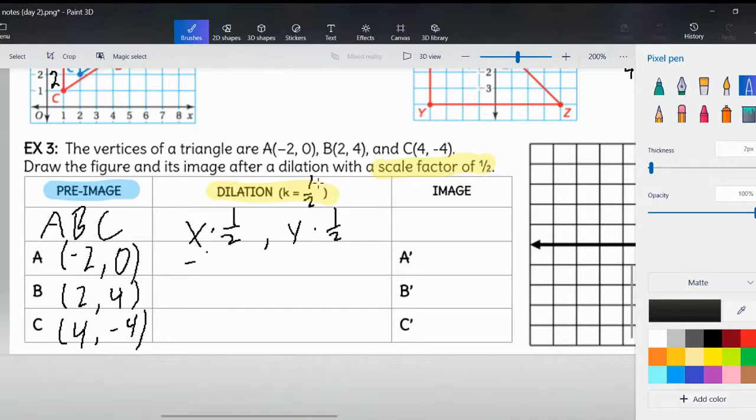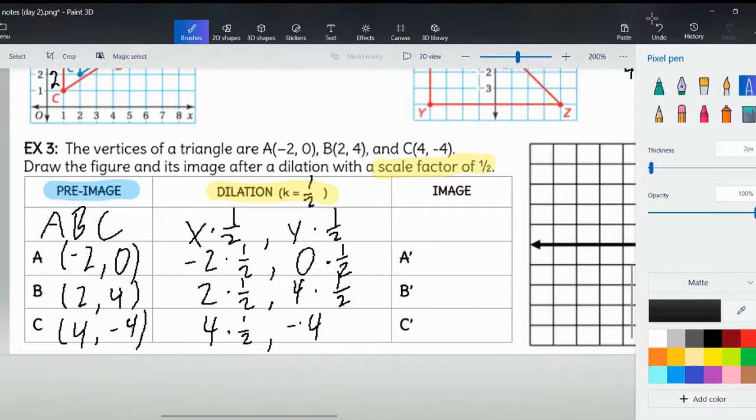So we would do -2 times 1/2, comma, 0 times 1/2. 2 times 1/2, comma, 4 times 1/2. And 4 times 1/2, comma, -4 times 1/2.